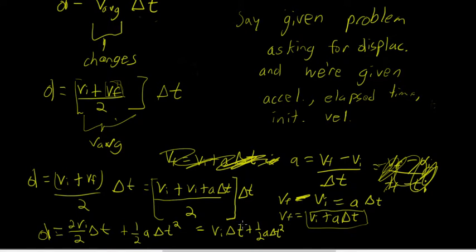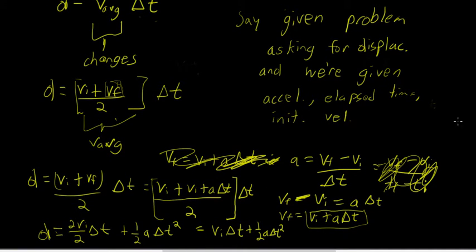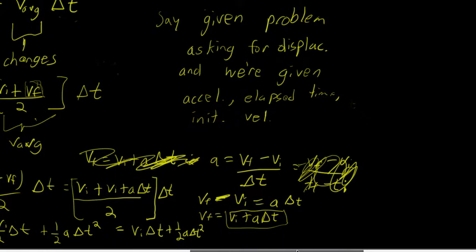In 2 seconds it's accelerating at 10 meters per second squared. In 2 seconds, how far does it go? We don't know the final velocity. Using this equation, we can solve for the displacement. So I'm just going to rewrite this to the side here. So we have d equals vi delta t plus 1/2 a delta t squared.